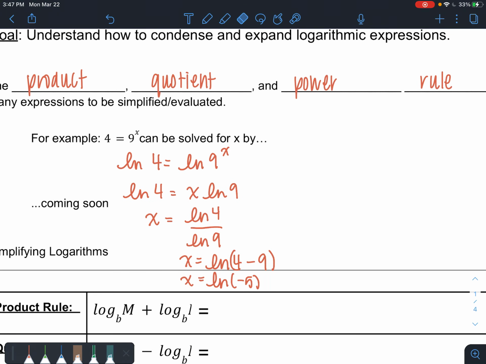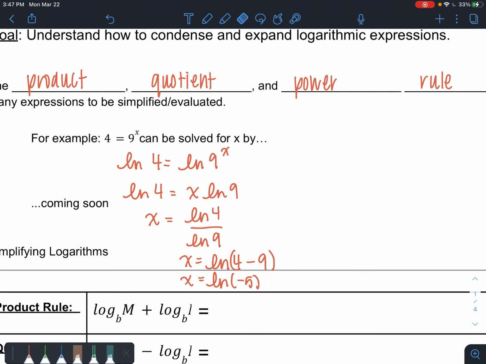If I have same base but subtraction, it's going to be log base b, I forgot my b on this one, of m over n. And then here, if I have a p out front, I can bring it up to the top. So I have log base b of m to the p. So that just hops on up there.